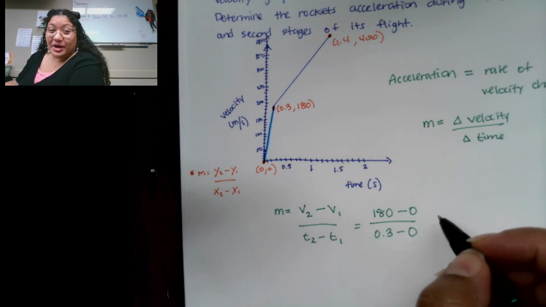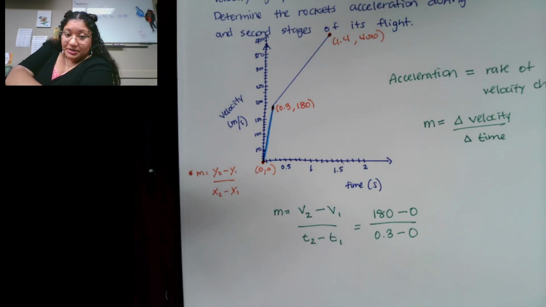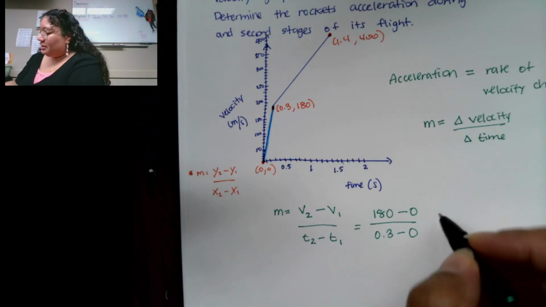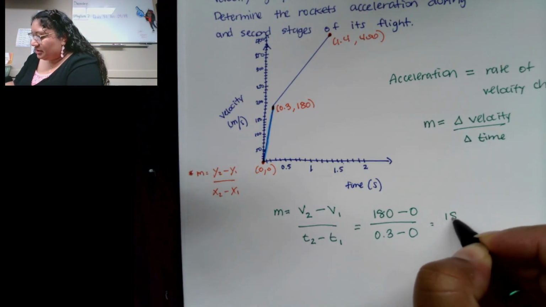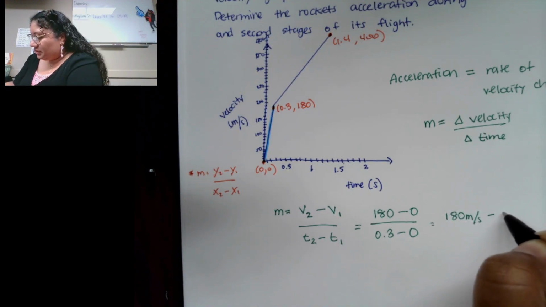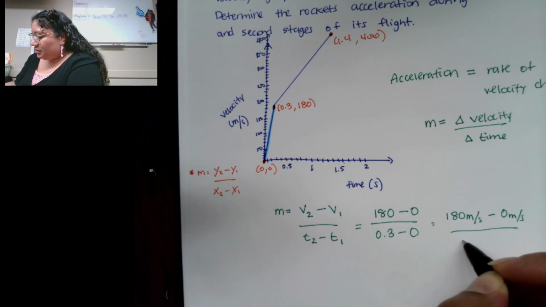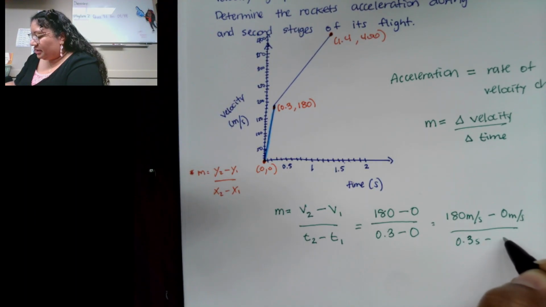It is quite advantageous to write this as a decimal point, with the units I mean. So let me do that. I'm not going to erase anything. I'm just going to add in my units over 0.3 seconds minus 0 seconds.